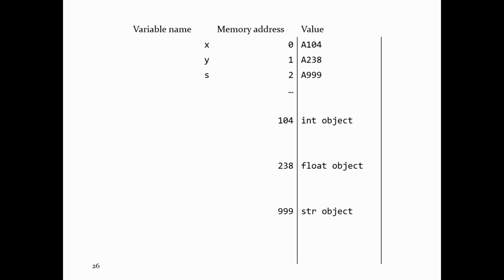The A simply means it's an address. Because otherwise, if I just wrote 104, you can't tell if that's the integer 104 or the address 104. So I'm just going to write big A, 104. That means you want to go to memory address 104 and see what's there. When you go and look, that's where your int object actually is.